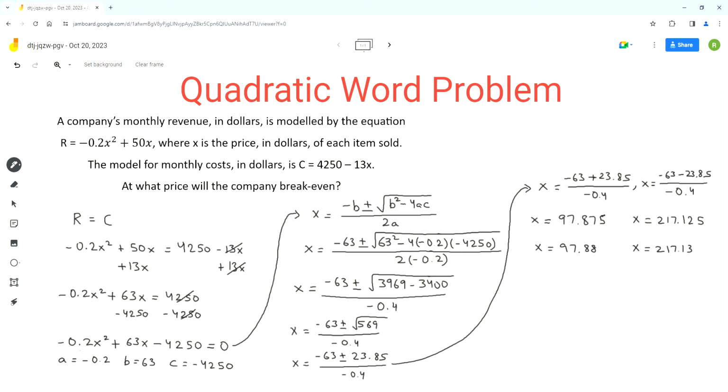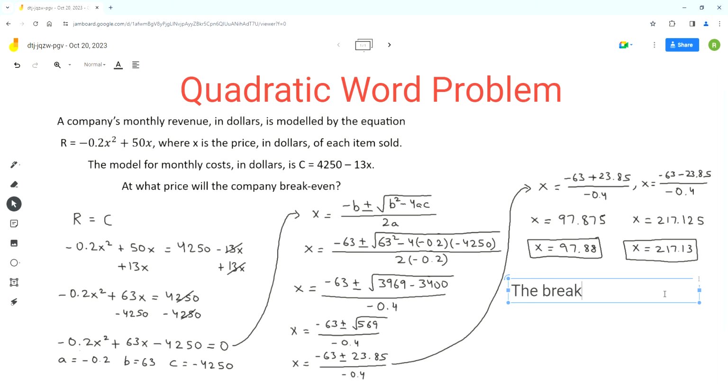So these are the break-even prices for this company. Now we can summarize our answer in the form of a closing statement with appropriate units. Our break-even prices are $97.88 or $217.13.